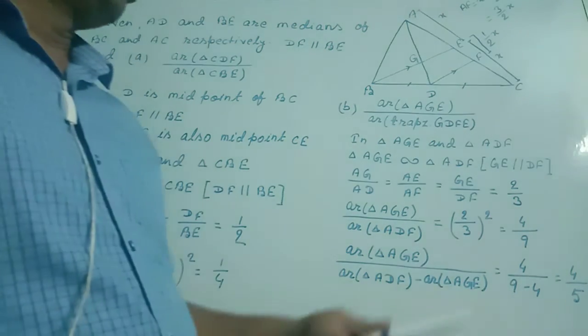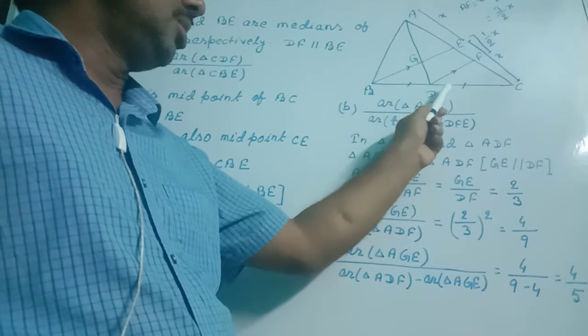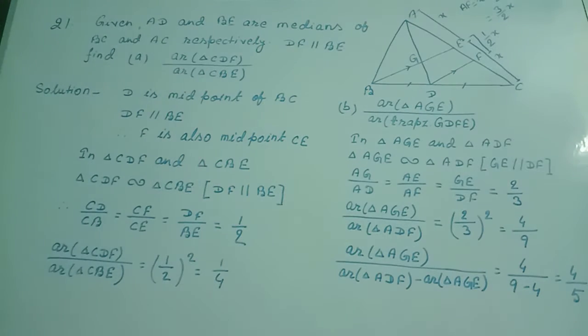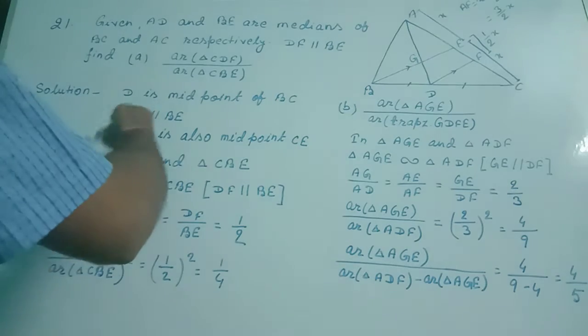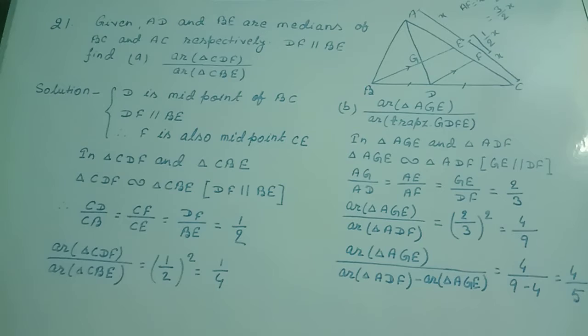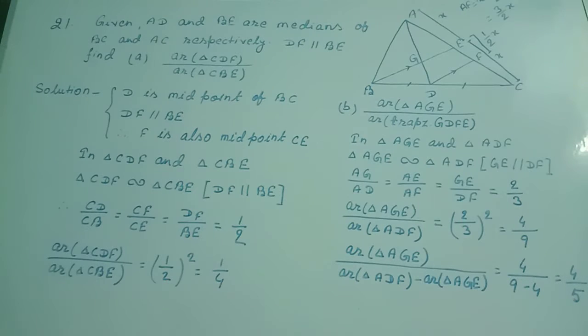Or we can understand here also, AD is the median on BC, so D is the midpoint of BC. Now, this is the first paragraph. Either you show F is the midpoint of CE, or you write D is the midpoint of BC, that is given in the question.